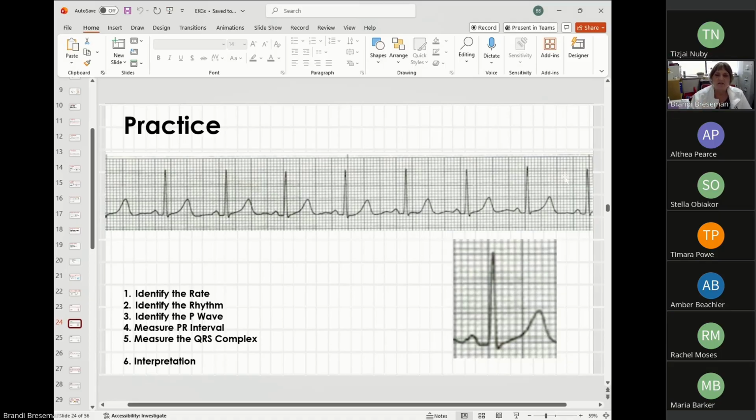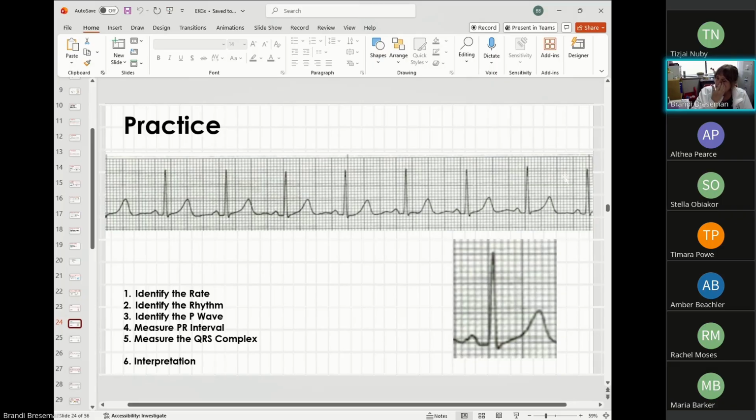So the rate is 80. It is a regular rhythm. Your P waves are upright and you have one in front of every QRS. Your PR interval, let me look at it. 1, 2, I would say 3.5 to 4.